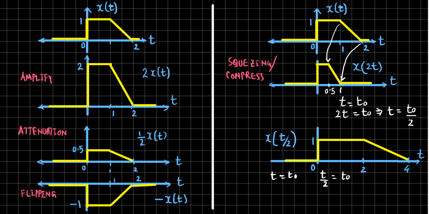Therefore, it is present at t equals twice of t naught. This operation is called the expansion operation. Expansion.